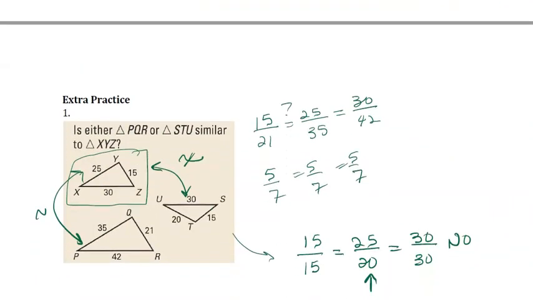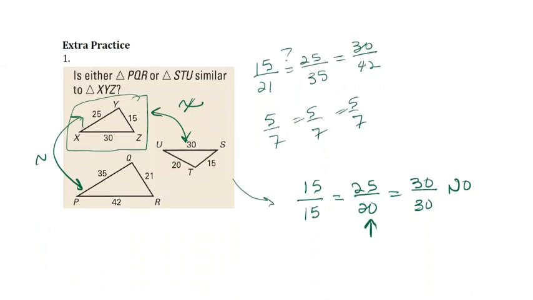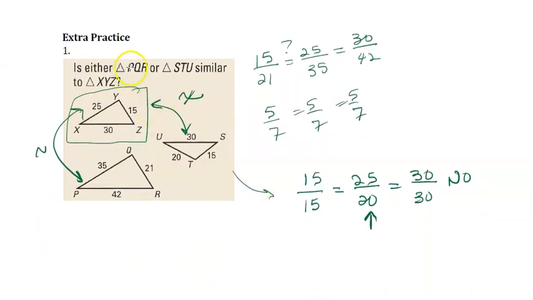Okay, then we had some extra practice. So it says, is either PQR or STU similar to XYZ? Okay, so you're going to take XYZ and see if it's similar here, or maybe both.